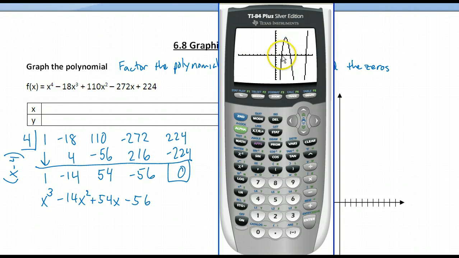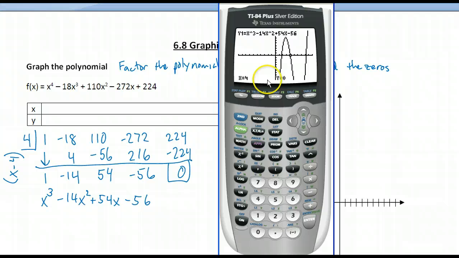Looks like I have one at 2, at 4, and 8. Let's try those. 2 doesn't work. If I try to trace closer to it, there's that pesky 1.7. It's not exactly 1.7, but it's about 1.7.